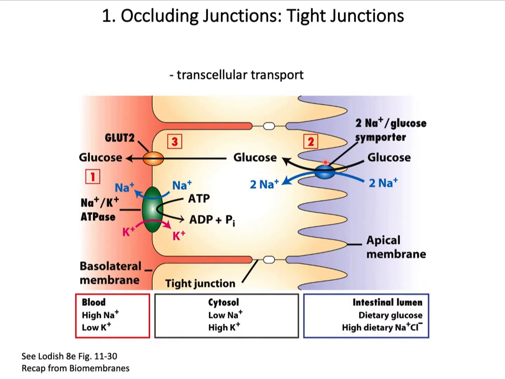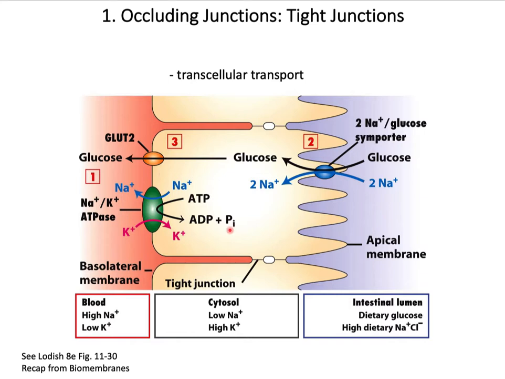So remember, this pump utilizes the energy stored in the sodium gradient to move glucose against its concentration gradient, just like a revolving door. Once glucose is in the cytosol, it can quickly be transported out of the basolateral side through the action of GLUT2, which is labeled as number 3 in this slide. And you remember the GLUT transporters participate in facilitated diffusion and move glucose down the concentration gradient.